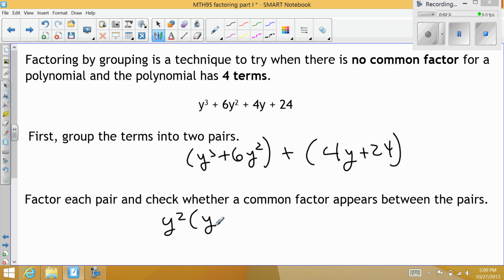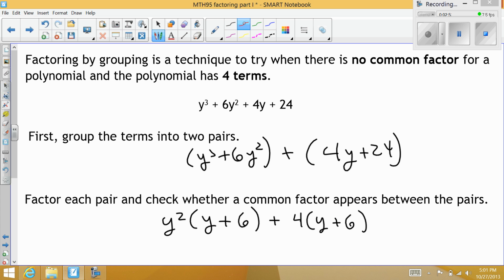That would leave behind a y, as y squared times y is y cubed, plus 6, as y squared times 6 is 6y squared. We'll bring down the addition sign that was already there, and then look at the second pair. With the 4 and the 24, 4 is a common factor, so we can factor out, undistribute the 4, and that leaves us with the y, as 4 times y is 4y, plus 6, as 4 times 6 is 24.